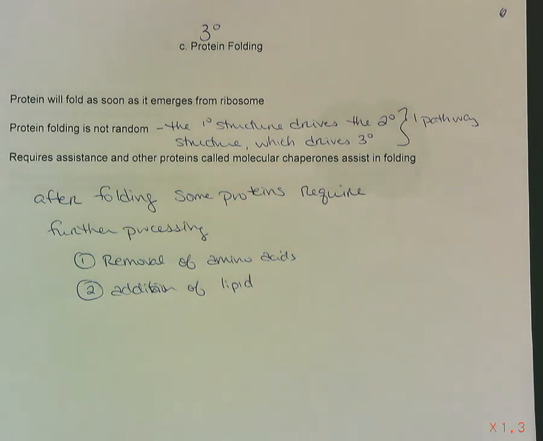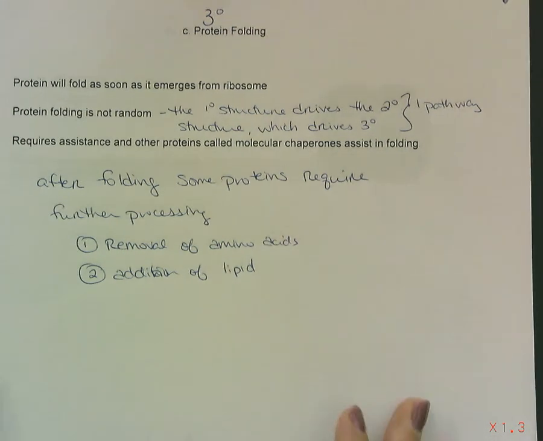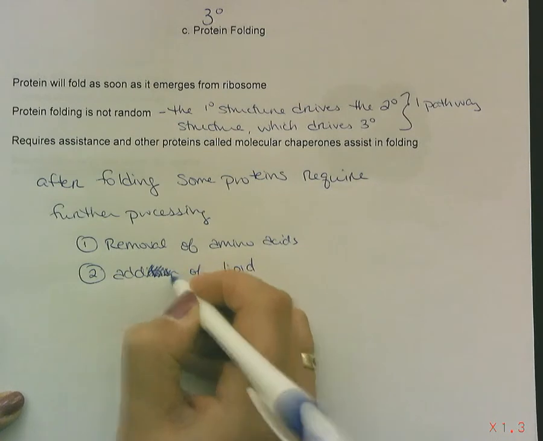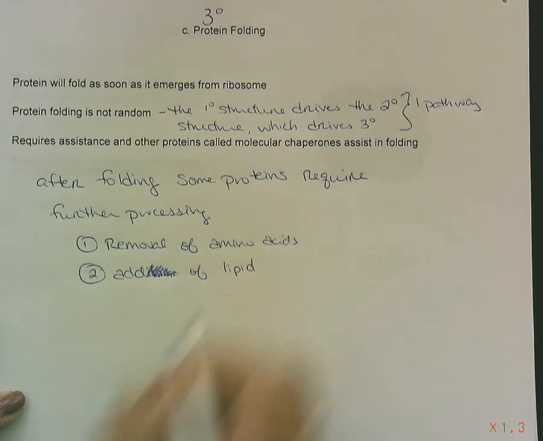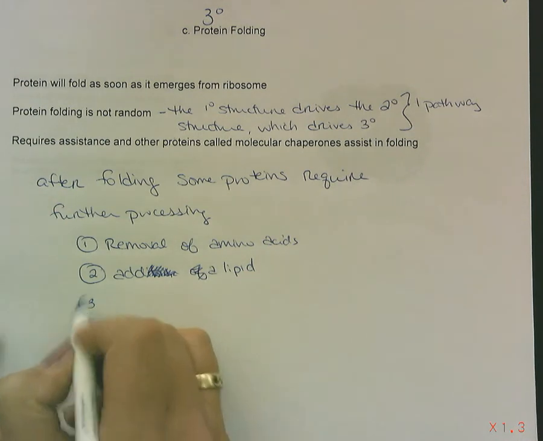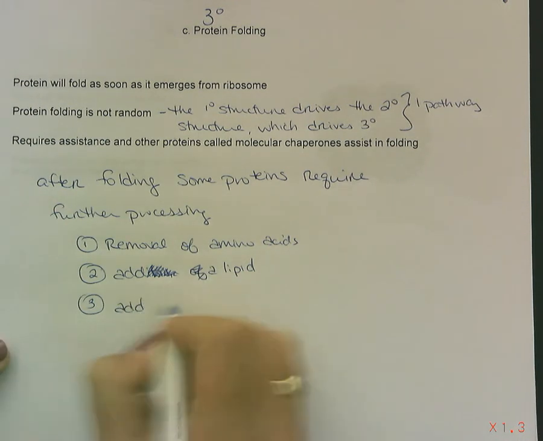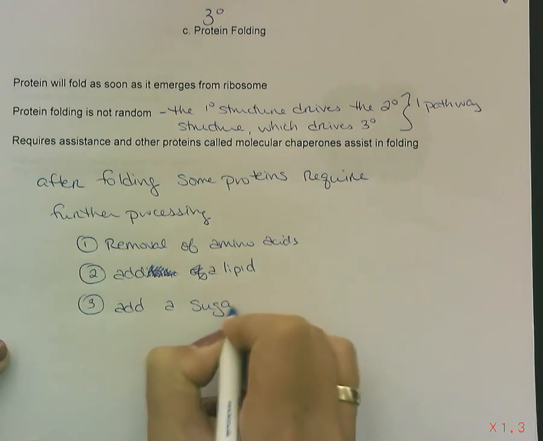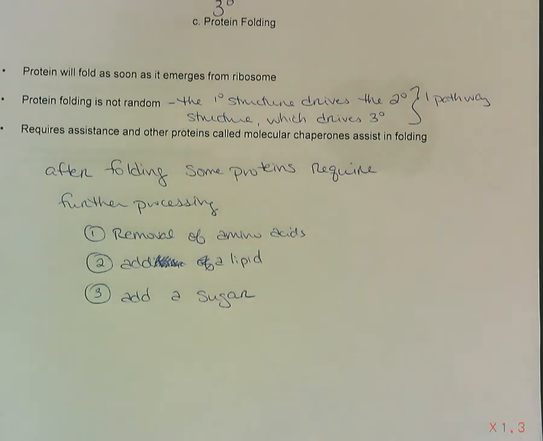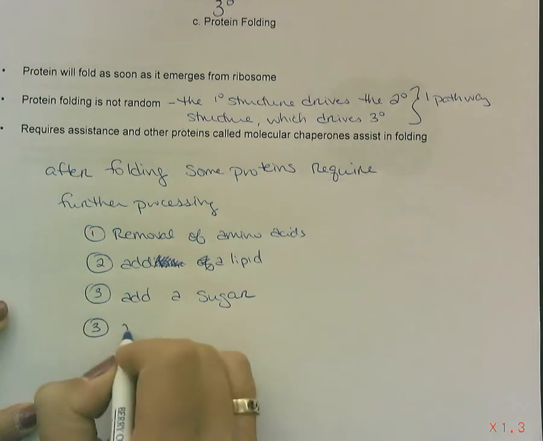Sometimes we have to stick a lipid on the end, an addition of a lipid. Sometimes we have to put a sugar group on it. Or we have an amino acid that we sometimes have to phosphorylate.